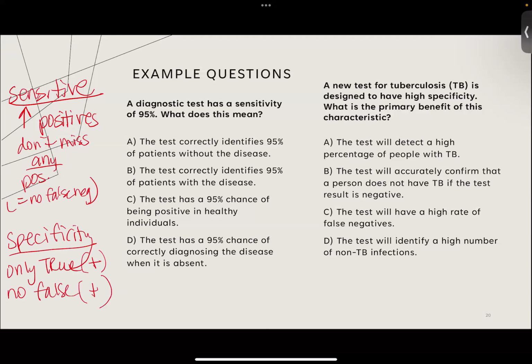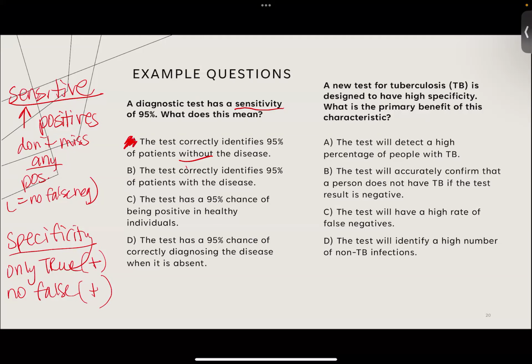A diagnostic test has a sensitivity of 95%. What does that mean? Does this mean that the test correctly identifies 95% of patients without the disease? No, this means that if it is sensitive, it will get 95%.